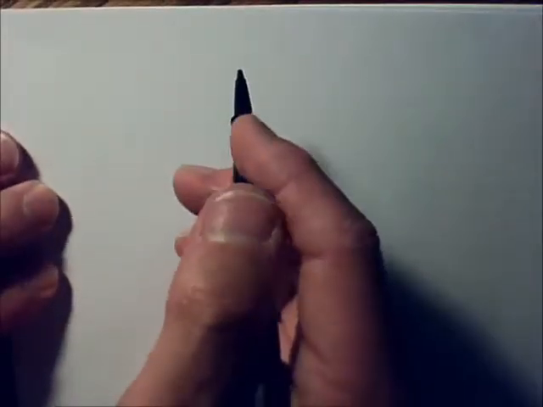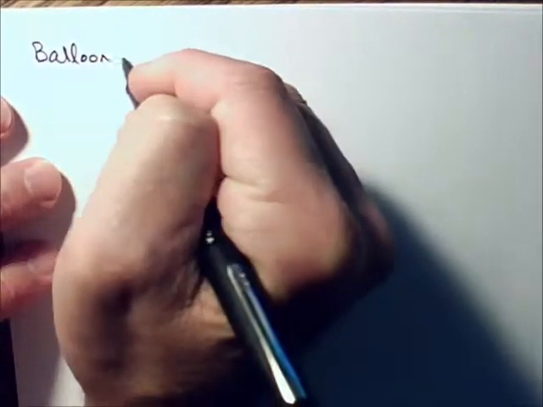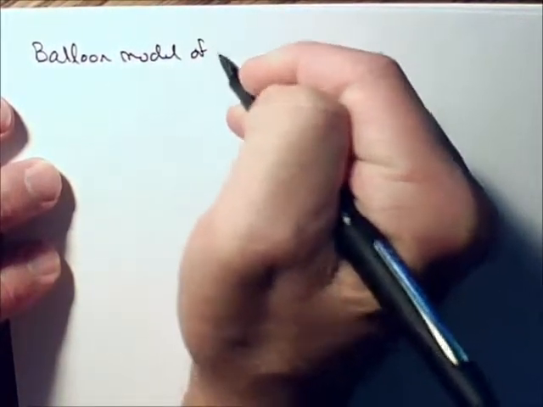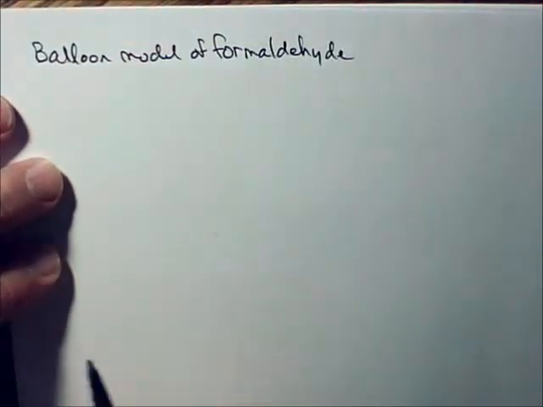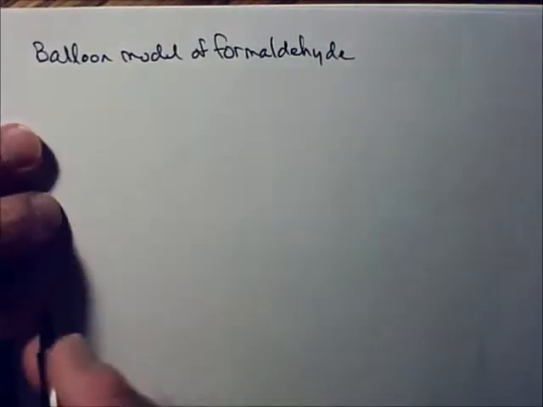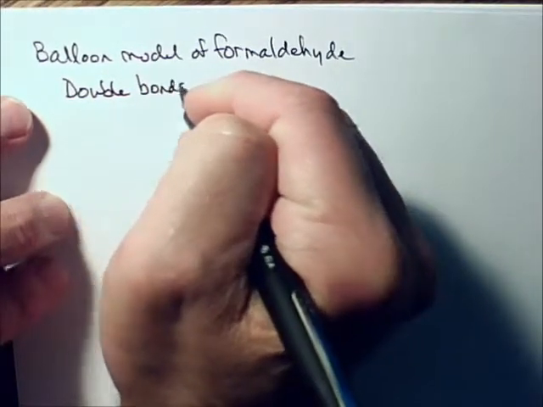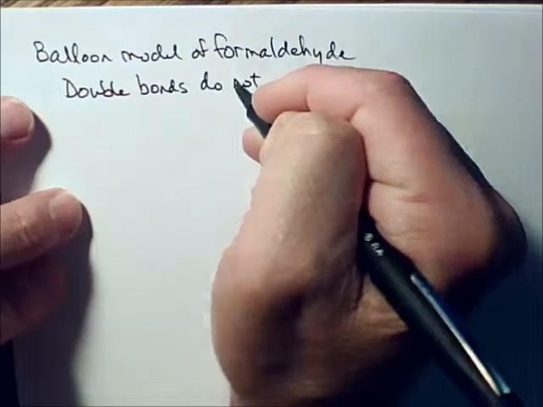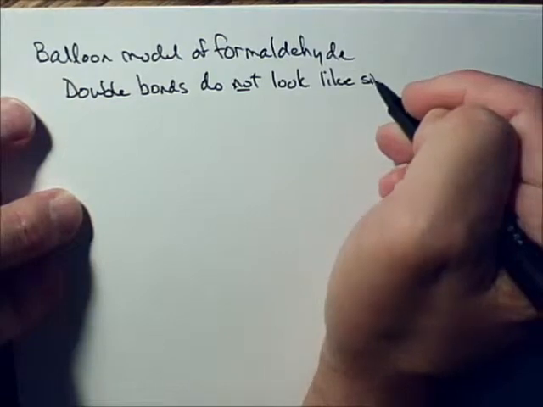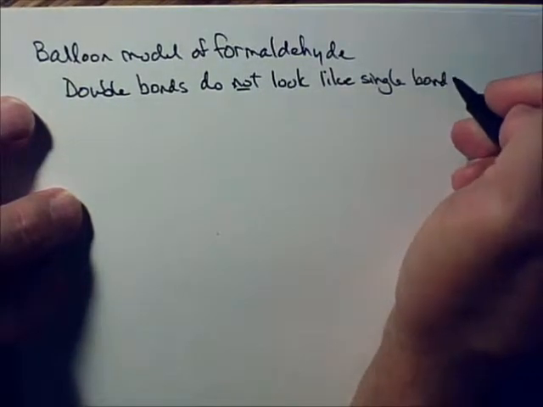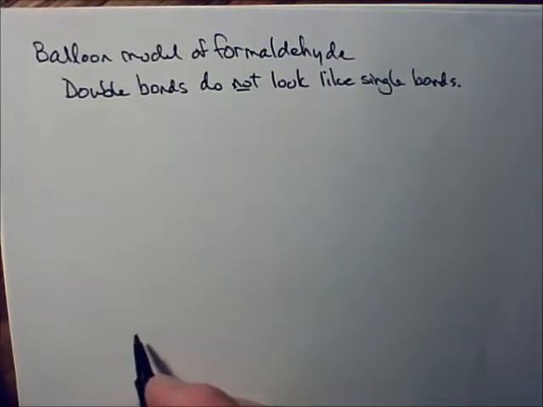We're talking about the balloon model, the shape of the actual bonds themselves. Double bonds do not look like single bonds, although one part of a double bond looks like a single bond.